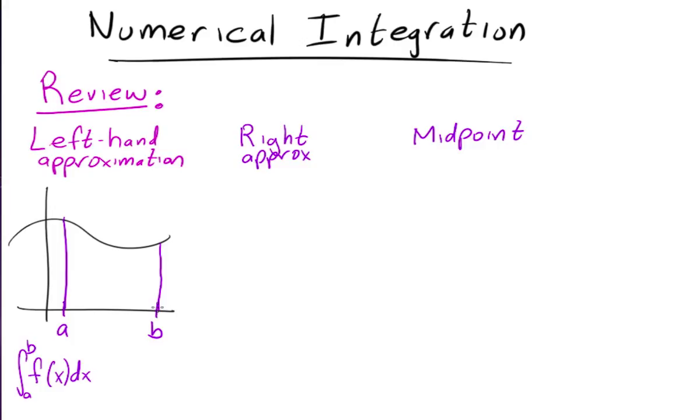So the left-hand approximation said, starting from the left, you split this up into several sections. We'll do that many. And it looks like this, right? So here we have 4 intervals.